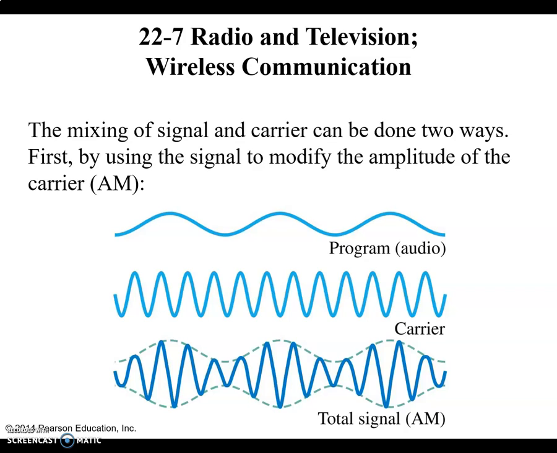The first method we're going to look at is where you have your audio wave, and you mix that signal with your carrier wave, and you just straight up add them together, and you get your carrier wave, which is changing in amplitude as it progresses through space.